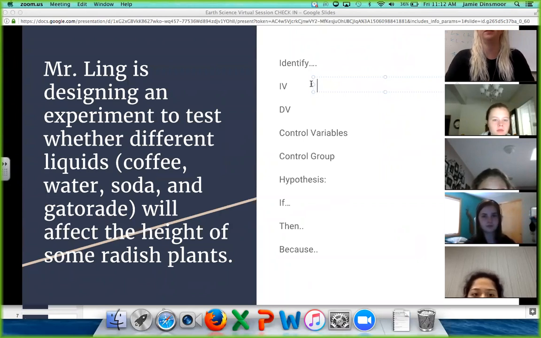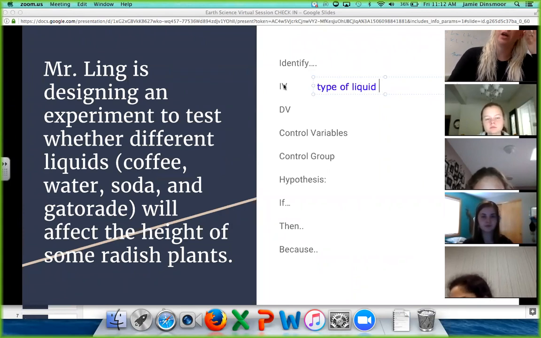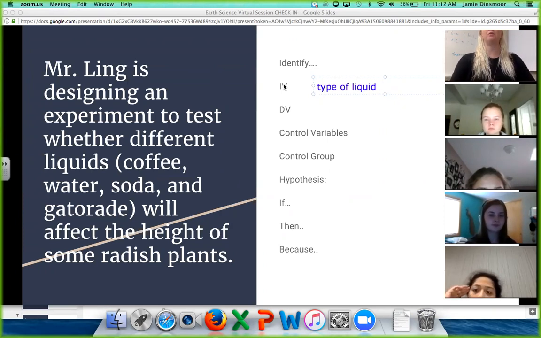Liquid type, exactly, right? So type of liquid, you could even write out each one, coffee, water, soda, Gatorade. But that's what he, as the scientist, is choosing. And what's important about that independent variable is you can only change one thing, right? Only one. So in this case, he's changing the type of liquid.